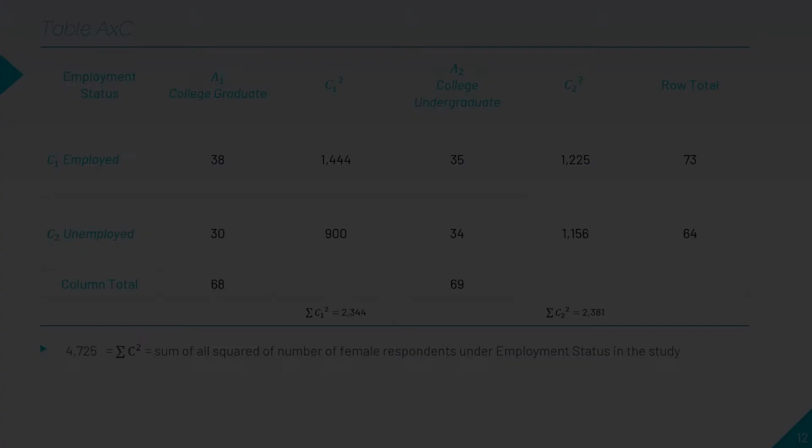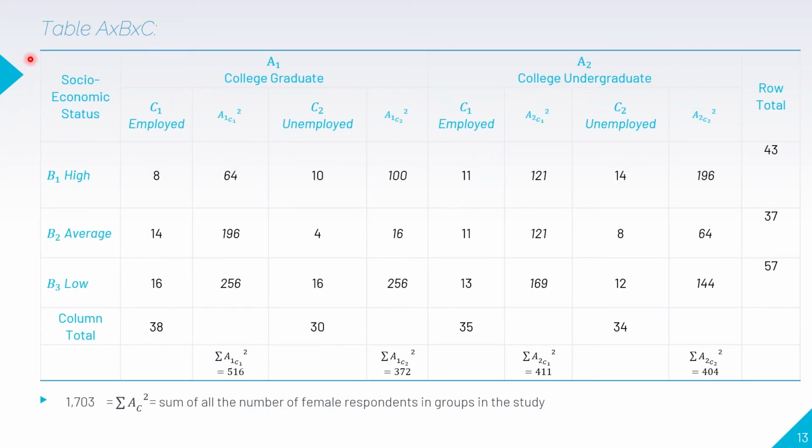Next, let's go to our table A by B by C. So this is a complete table. Here, in this case, we need to find our summation of A sub C squared, the sum of all the number of female respondents in the group of study. So 8 squared, we have 64. 14 squared, we have 196. 16 squared, we have 256. Let's just add this all, and we have the summation of A sub 1 of column 1. We have 516.